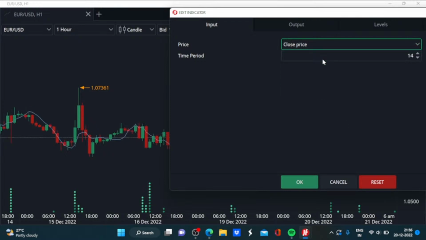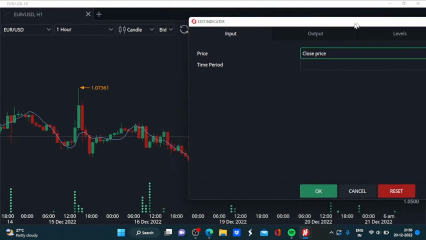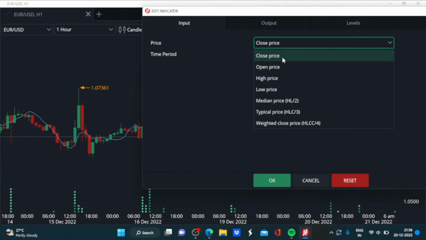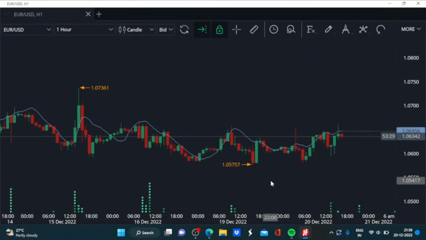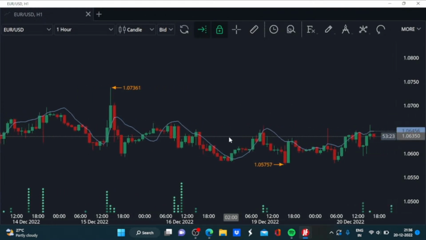All right. So this is how these things are shaping up. Now, if we look at these different applied prices, I think we can utilize this high applied price to look for a significant enough deviation.